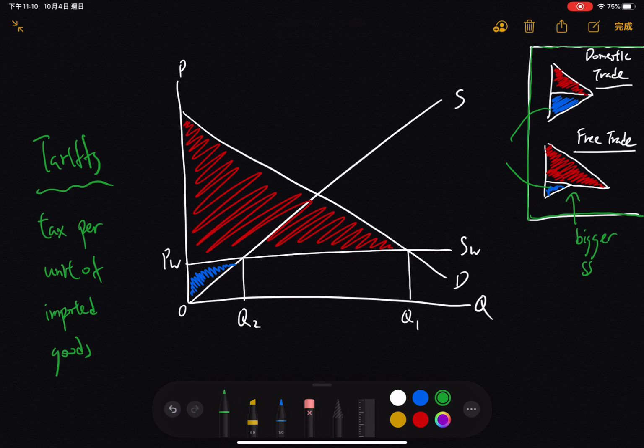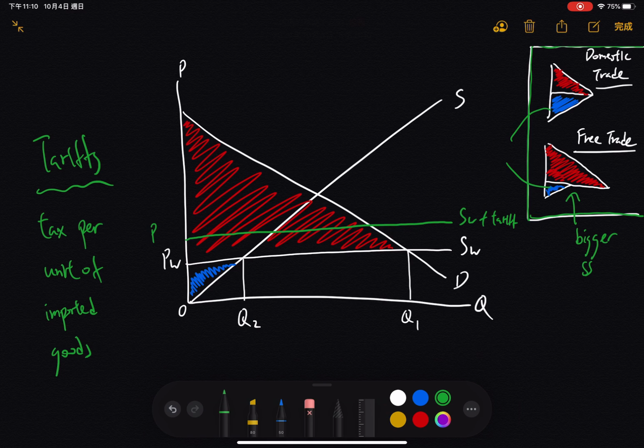So we can simply draw another curve to show the tariff effect. Very simply, we are going to draw another curve above the world supply curve, and we'll call that SW plus tariff. And we're going to put another price label for it.